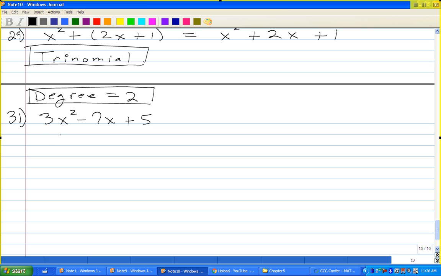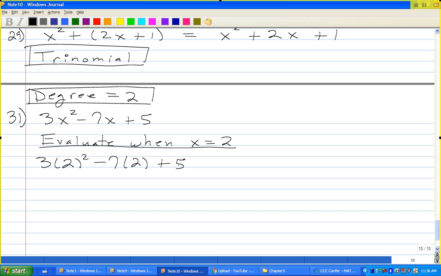So first let's evaluate when x is equal to 2. So 3x squared minus 7x plus 5.